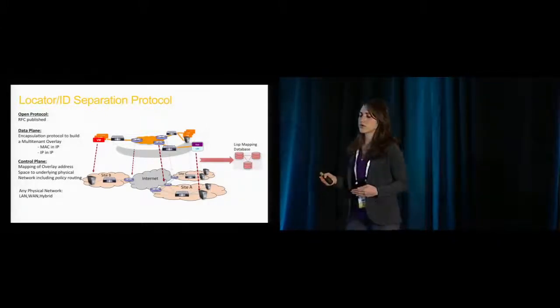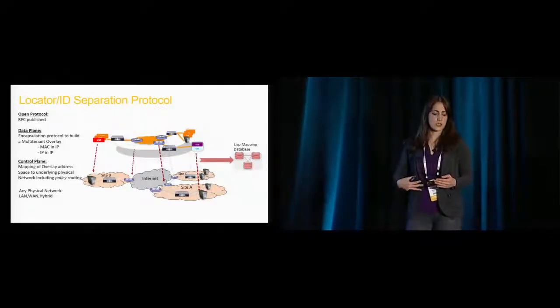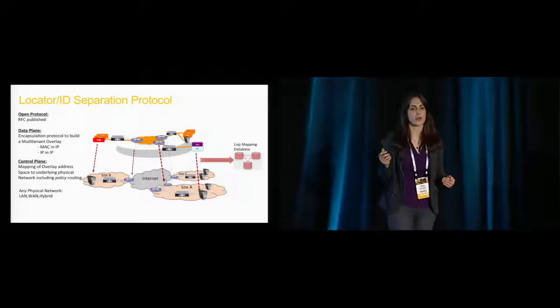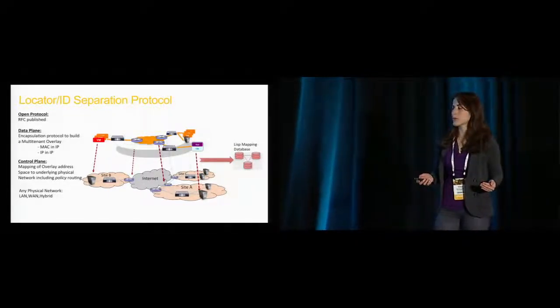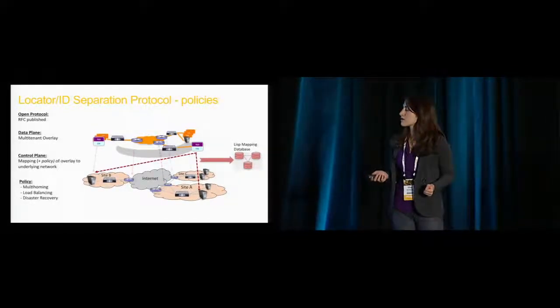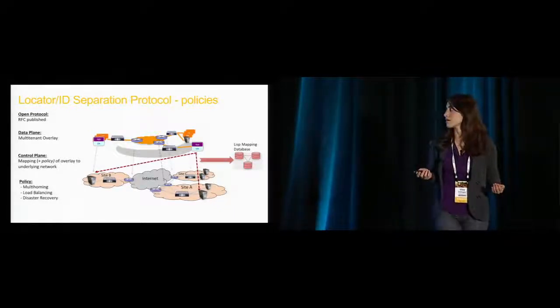It also supports introducing policy into that mapping. So you can define the mapping of the host identity to the host location, and you can introduce some additional policy on how to reach that host. Examples of policy that you can include are multi-homing and load balancing.